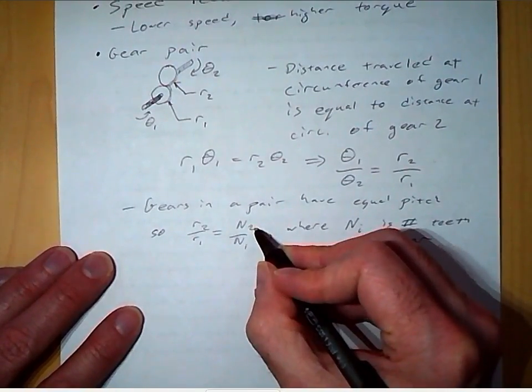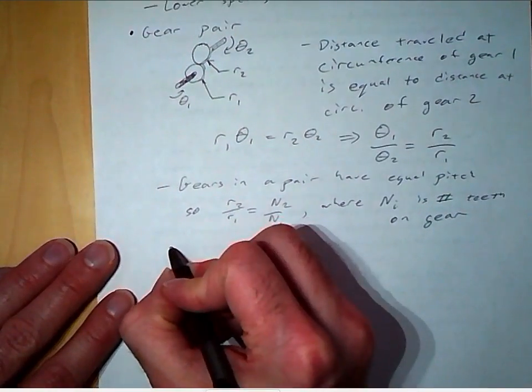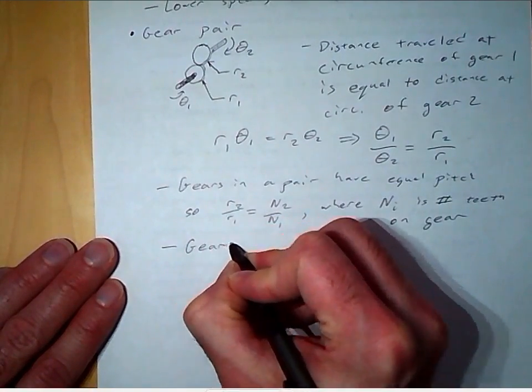So N2 is the number of teeth on gear 2, and N1 is the number of teeth on gear 1. And this is one way to calculate the gear ratio.